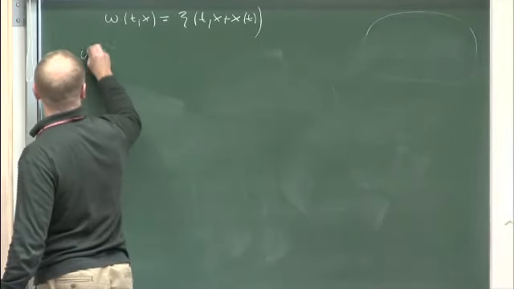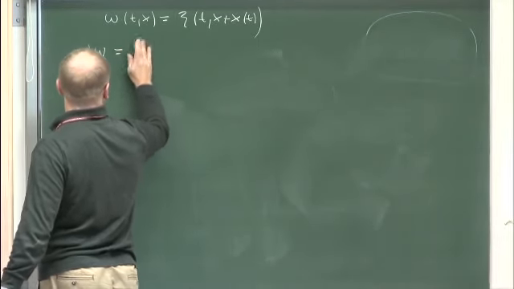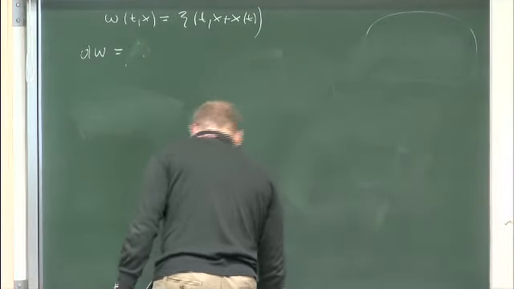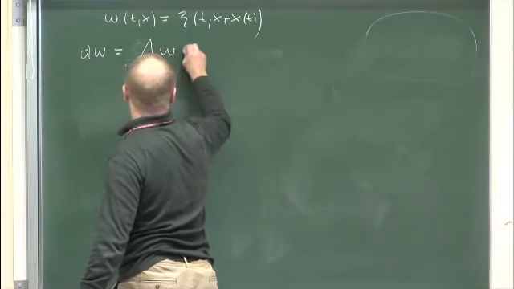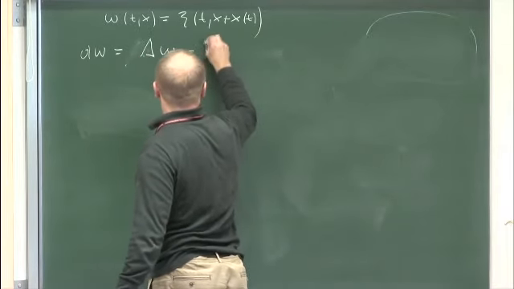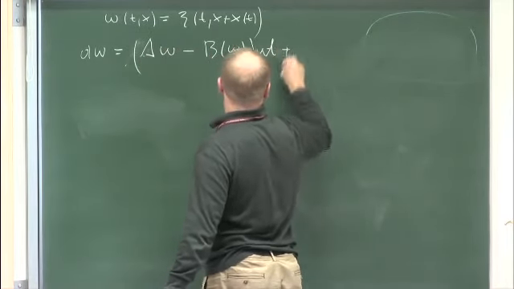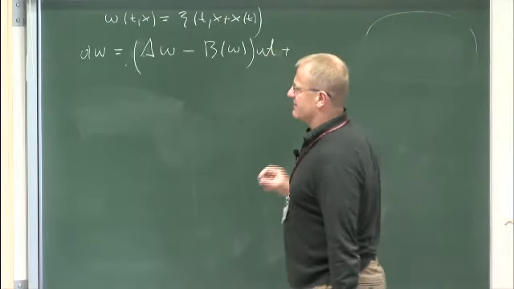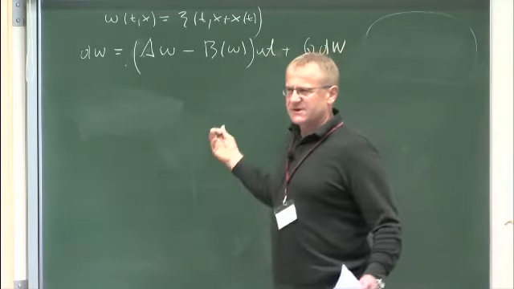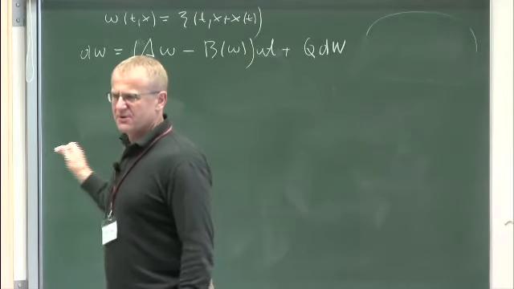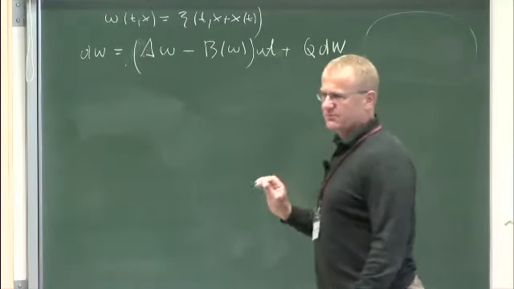So of course the omega is Laplace operator omega minus b omega dt plus, and okay, I don't want to introduce new notation. I will keep the same noise, but it's a bit of an abuse of notation.